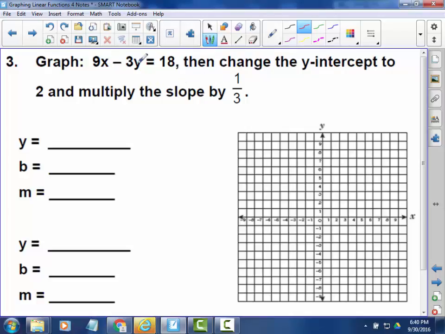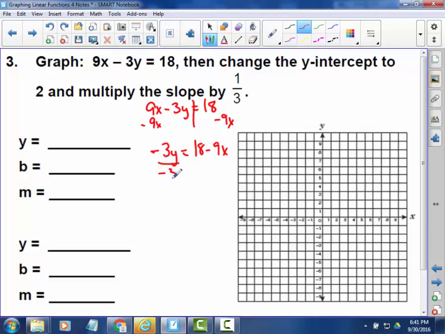Okay, so to graph 9x minus 3y equals 18, the most efficient way I know is to solve for y. So we would subtract 9x from both sides of the equal sign, and we'd have negative 3y equals 18 minus 9x.